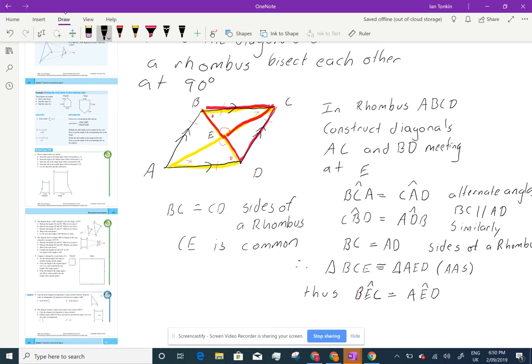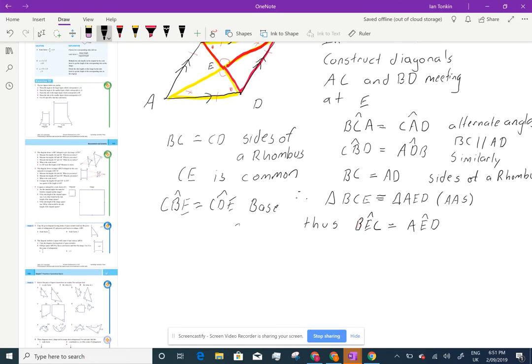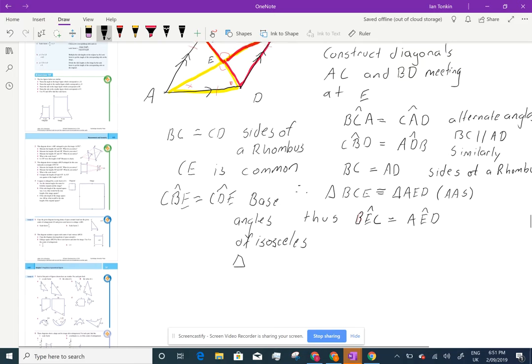So CBE equals CDE, base angles of isosceles triangle BCD.